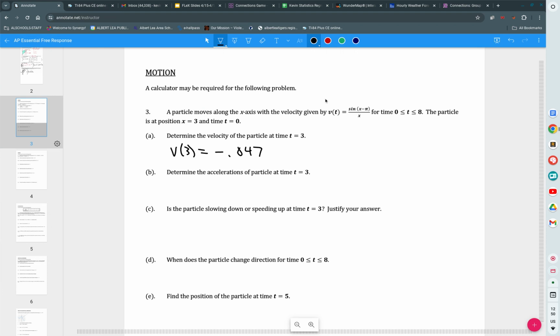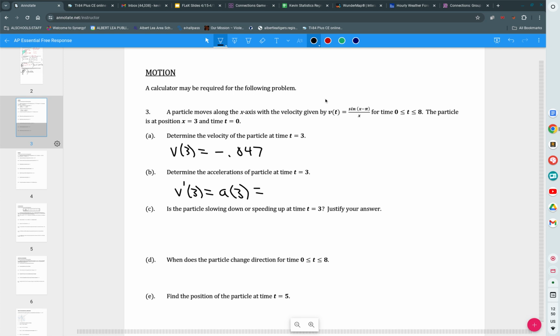Determine the acceleration of the particle at time equals 3. V prime of 3 is equal to the acceleration at time 3. Do you have to write V prime or can you just put A? On the AP exam, they will want V prime of 3. That will be part of your credit, that you communicate you're taking the derivative of the velocity function.